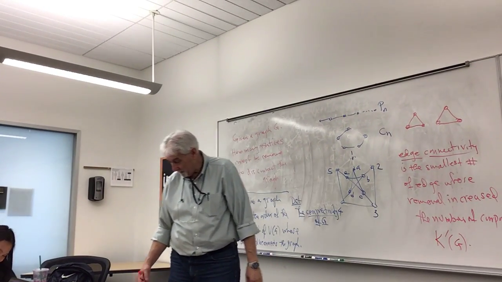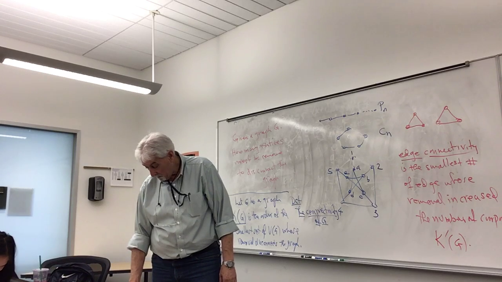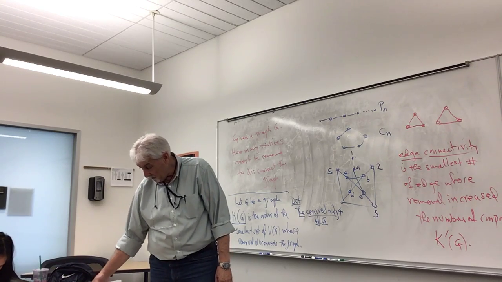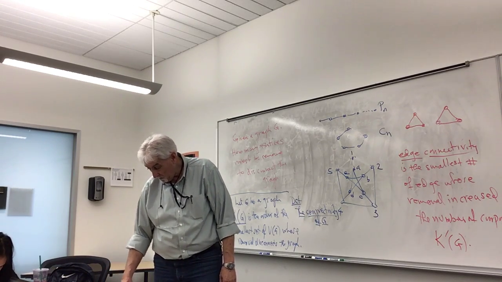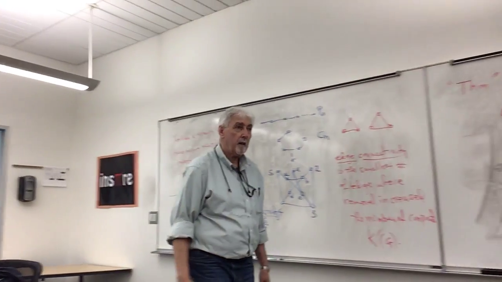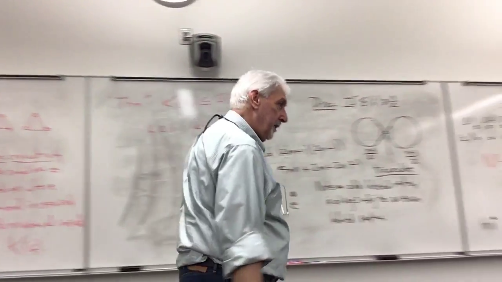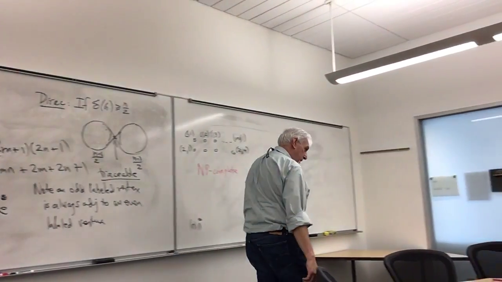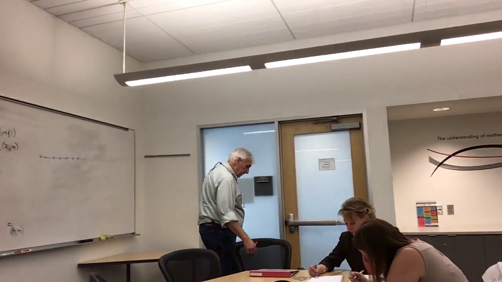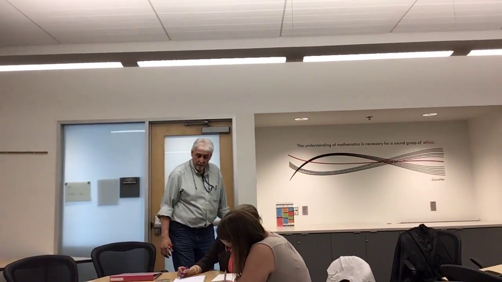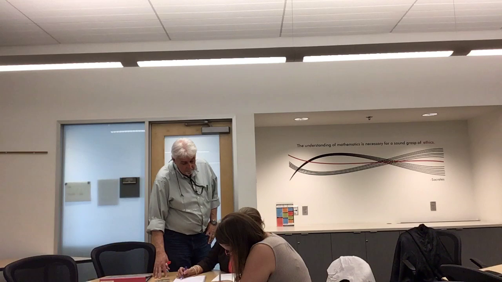Okay, you think about it. So we have, do you have a guess? We have said that kappa of G is 3 and kappa prime of G is 4.